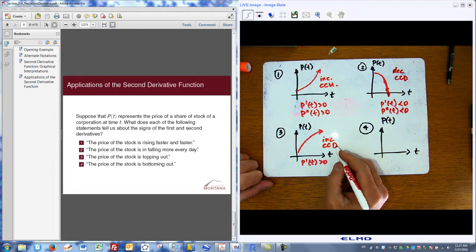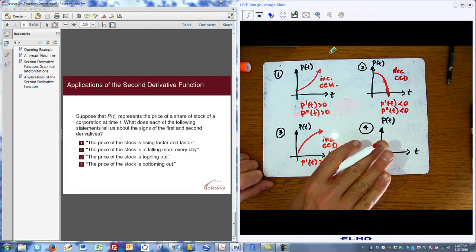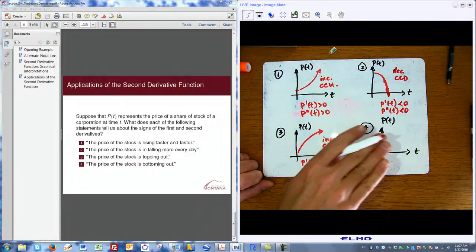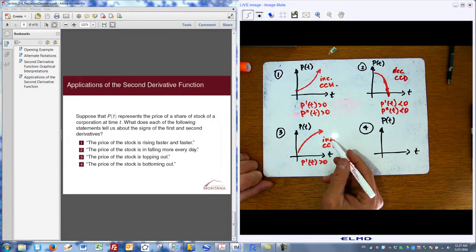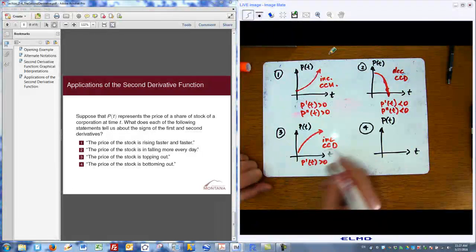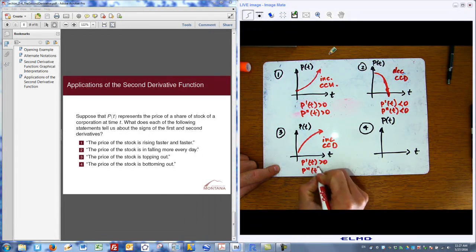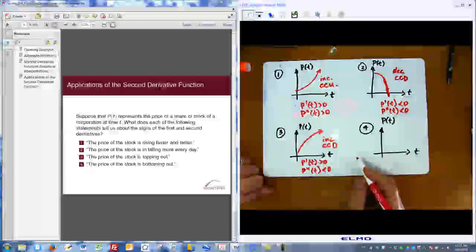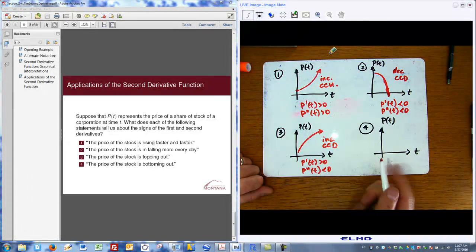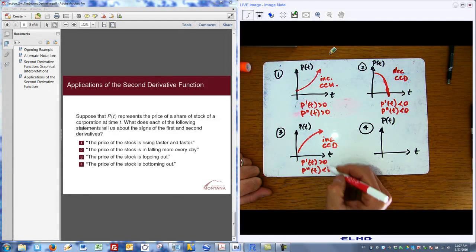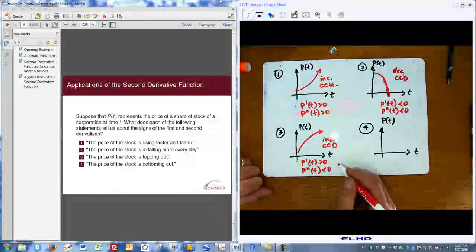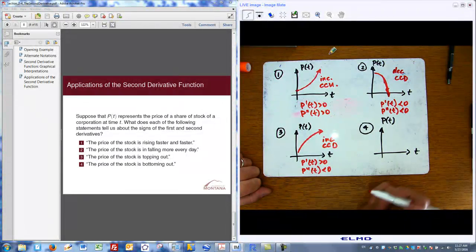If it's concave down, that means that the increases are actually decreasing, right? The increases are decreasing. So the rate of change of the increase is slowing. So the second derivative should actually be less than 0 because it is decreasing. The slopes are decreasing as we move forward in time. So here's a case where the first and the second derivative have different signs, increasing at a decreasing rate.